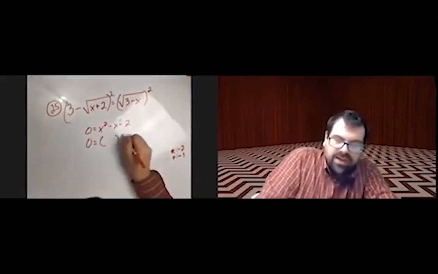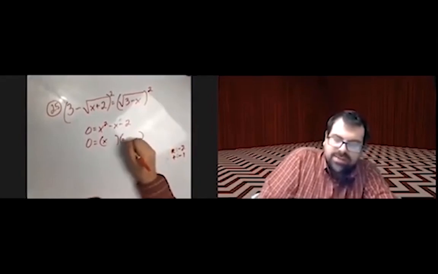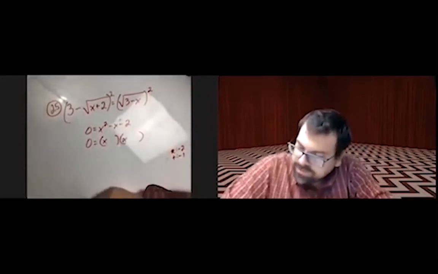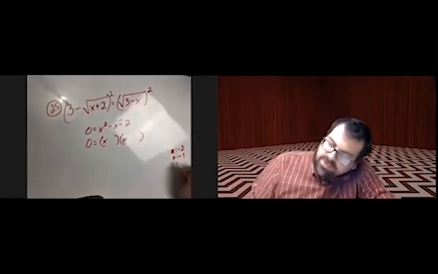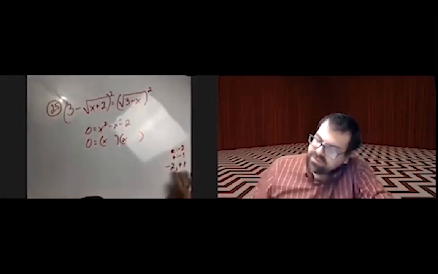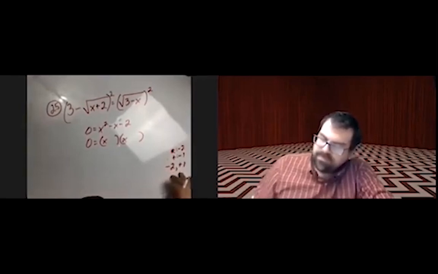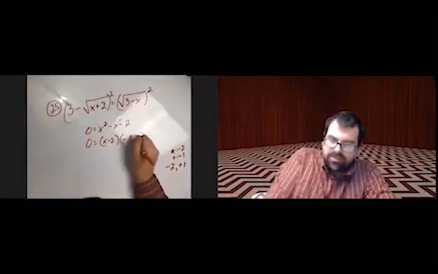And then I'll be able to factor with x and x. These numbers are going to be negative 2 and plus 1. They multiply to give me negative 2. They add to give me negative 1. Minus 2 plus 1.